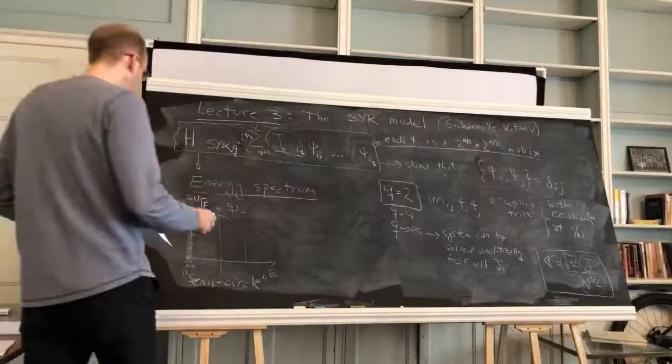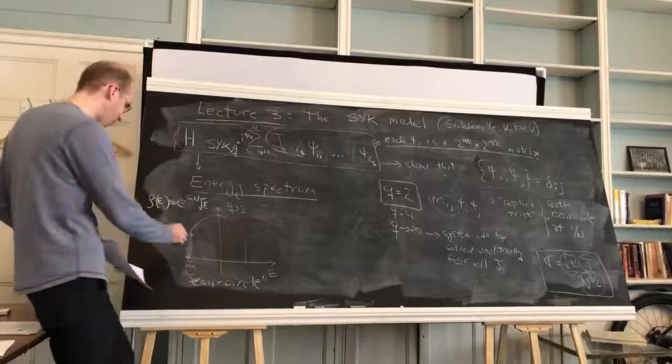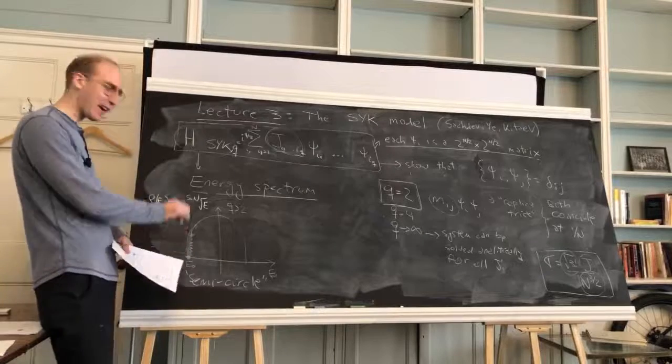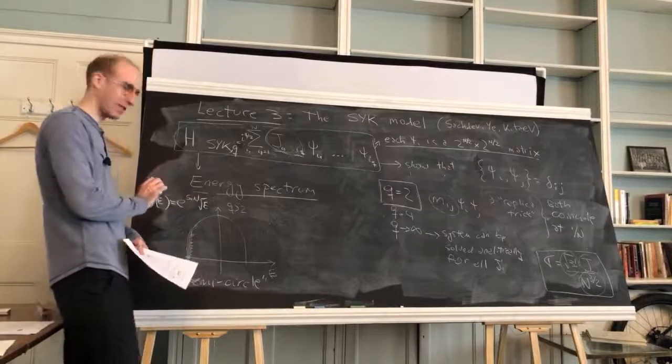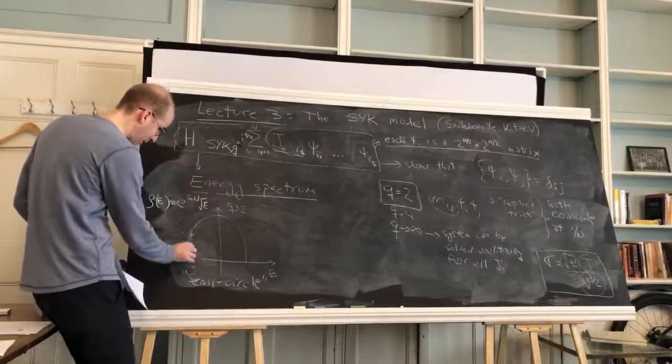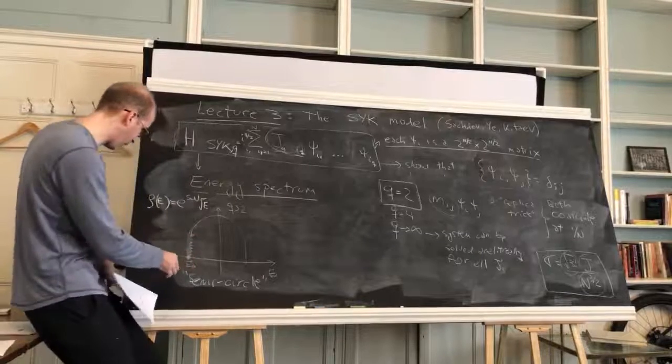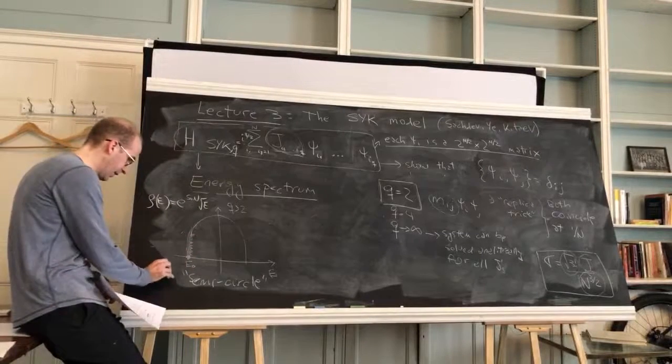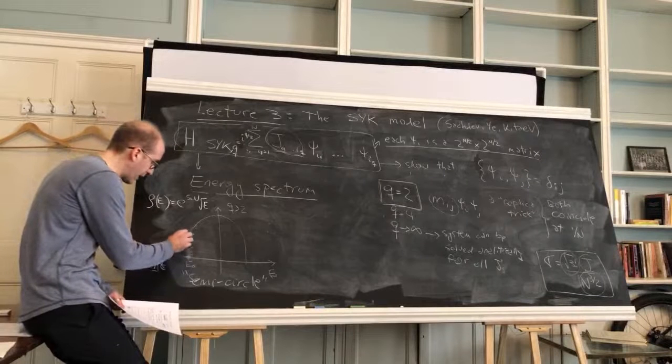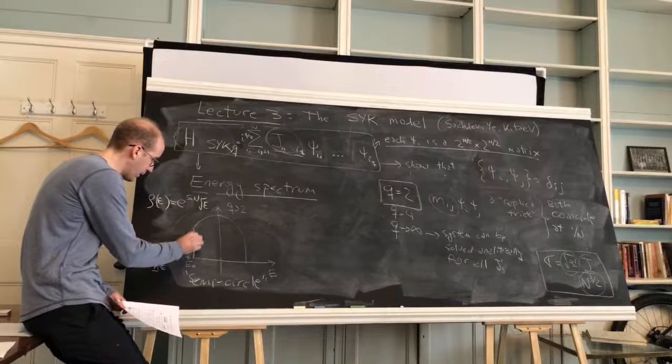That you can play with in Mathematica. You will get in the large n limit, it will approach the semicircle very well, but in principle you will have to choose some delta E, and then you will have blocks with delta E over here, and this will be something like this.